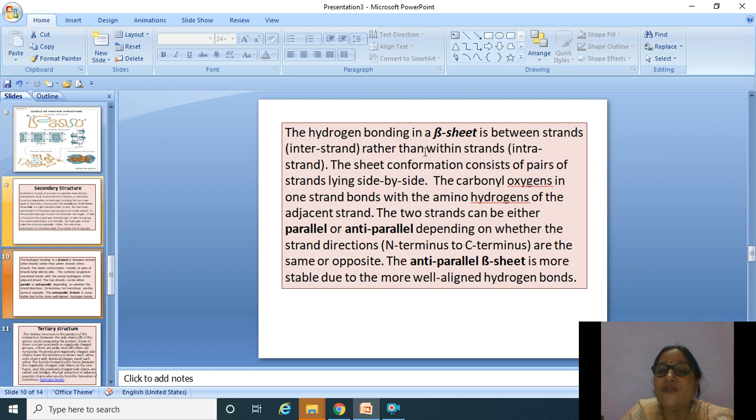When hydrogen bonds are formed within the strand, the alpha helix is produced.